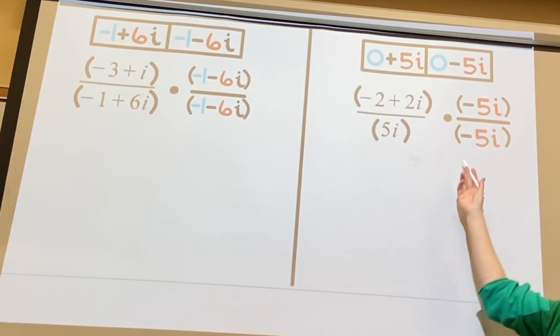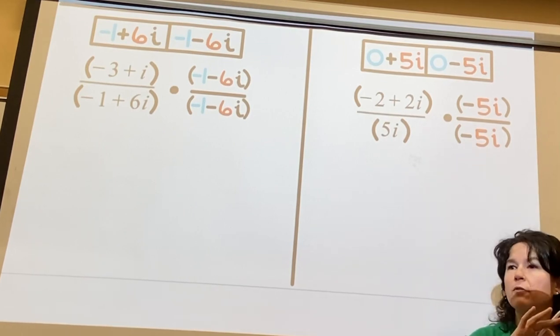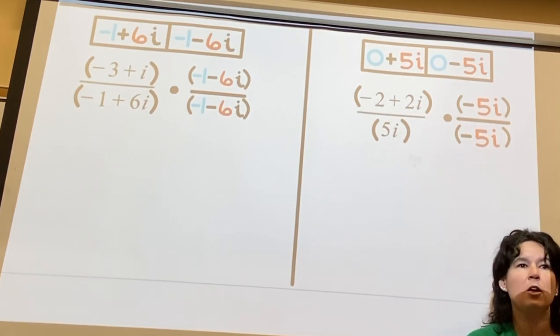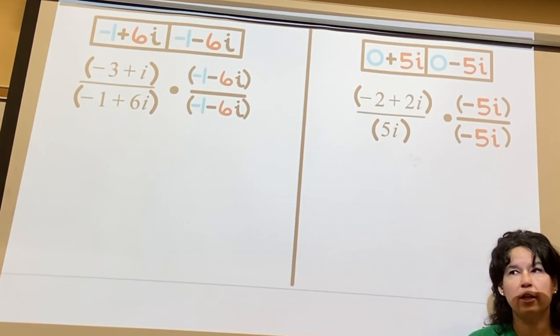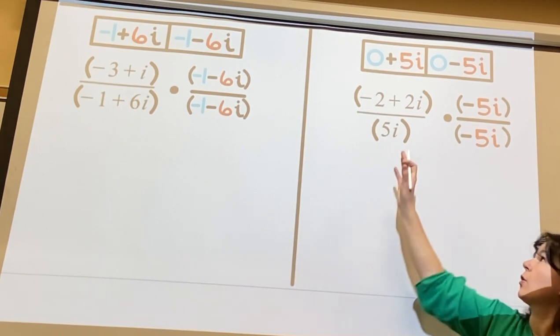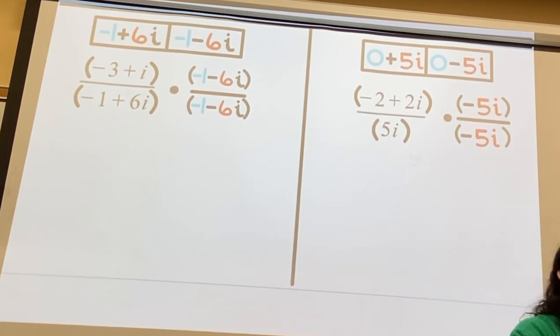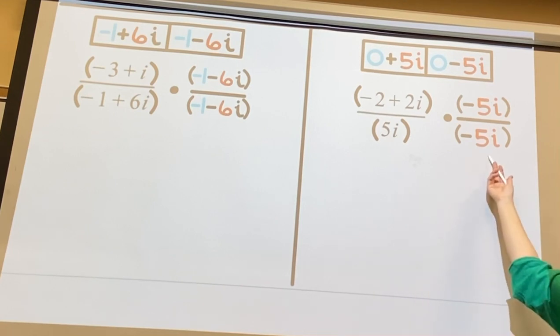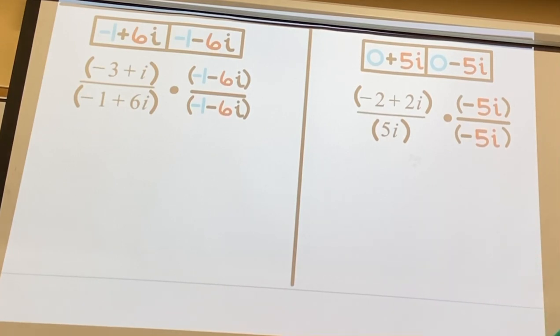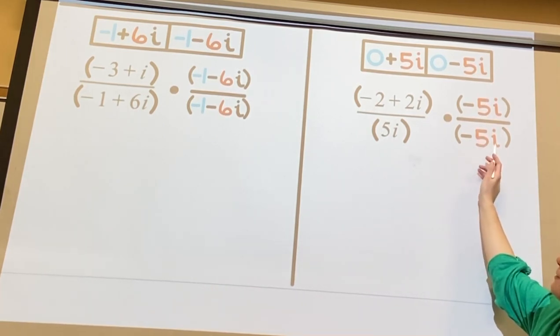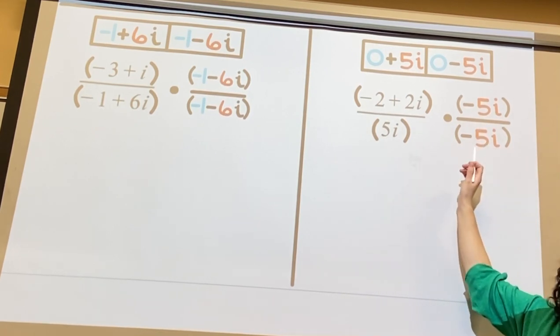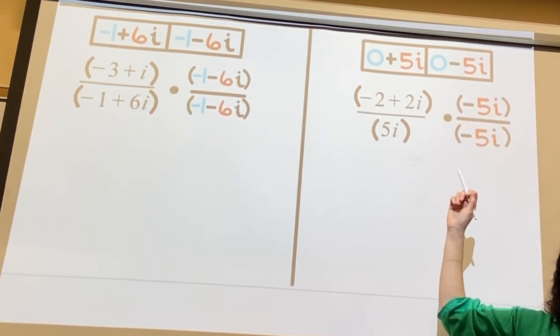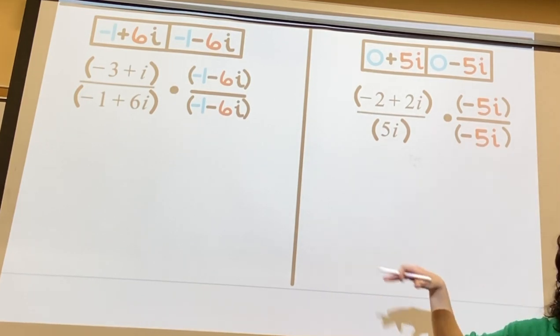The way I'm explaining this particular one is so that you can follow the same process every time, knowing multiplying by a conjugate is going to get rid of your i's. But as you get going, you'll notice it really doesn't matter. If I said multiply by positive 5i, if the goal is to get rid of the i's, positive 5i times positive 5i would be 25i squared, and the i squared gets replaced with negative 1, all my i's are gone.